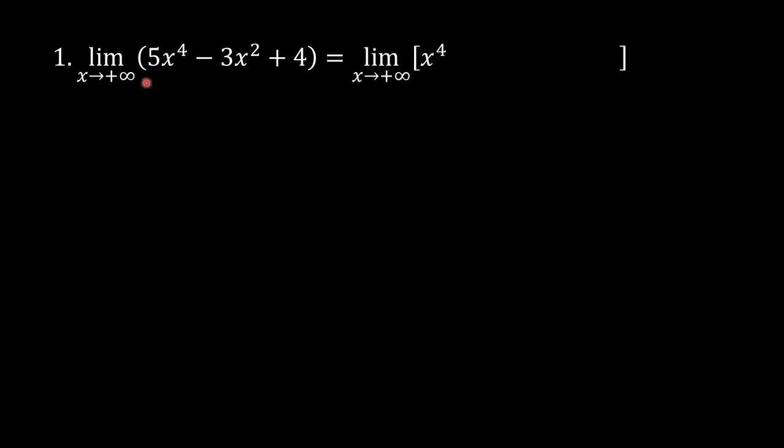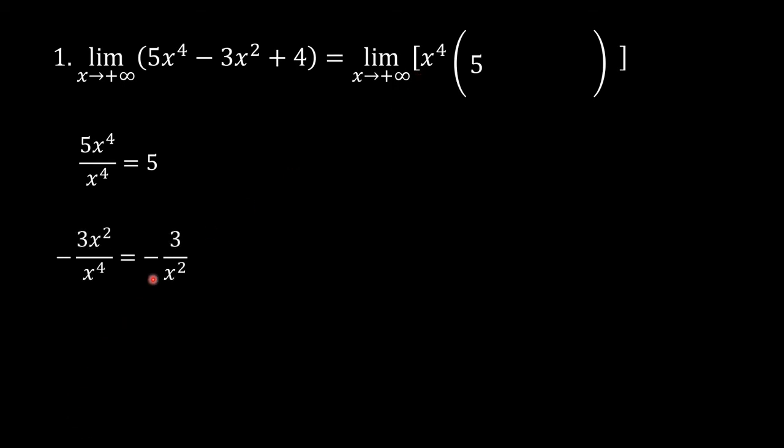Divide the first term, 5x raised to the exponent of 4, by x raised to the exponent of 4. This is equal to 5, right? 5 here. Next, divide the second term, negative 3x squared, by x raised to the exponent of 4.